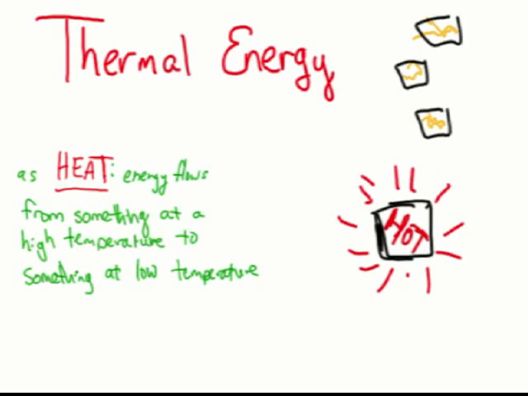It is never the reverse. What I mean is, heat cannot be taken from something that is cooler and given to something hotter. In thermal energy, objects that are hotter are always giving objects that are cooler heat.